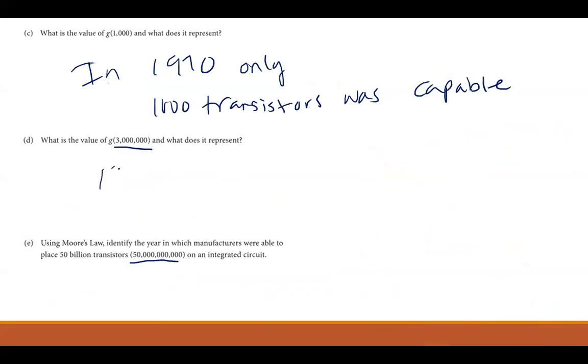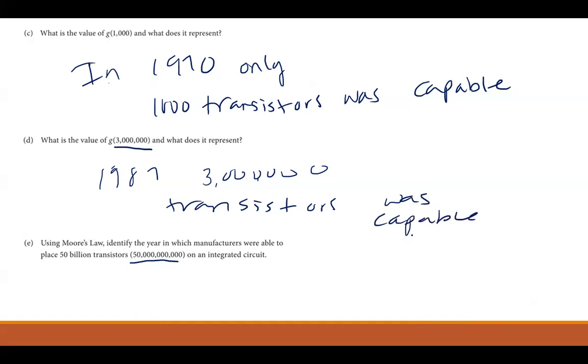So in 1987, about 3 million transistors, I always forget a zero, was capable, which helped with our computer processing speed. And then by 2008, we're now at 50 billion transistors.